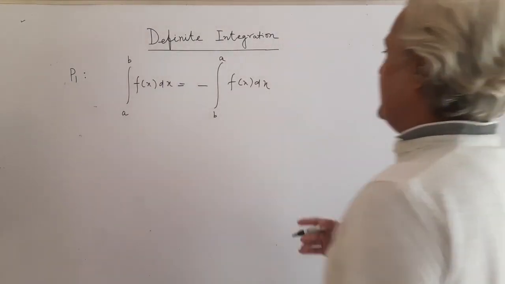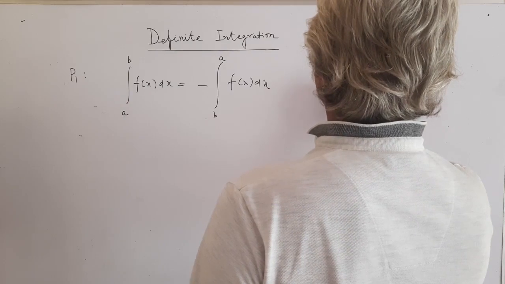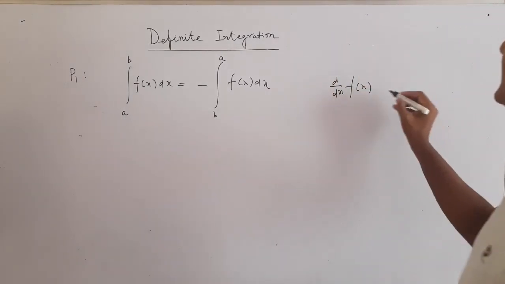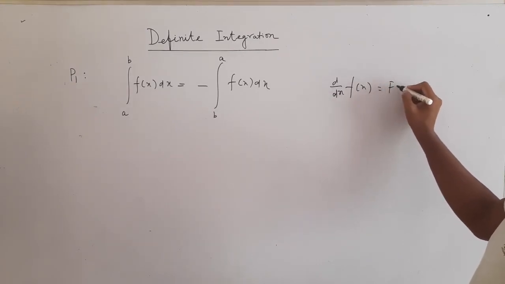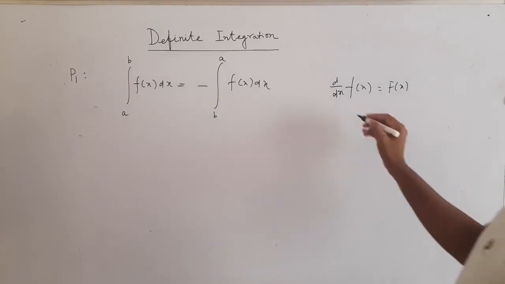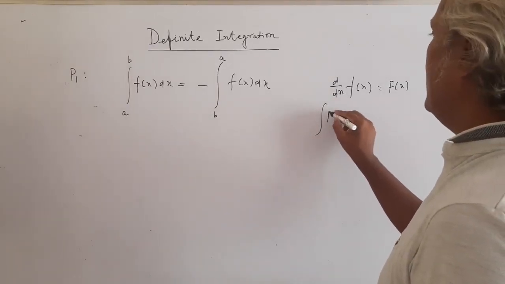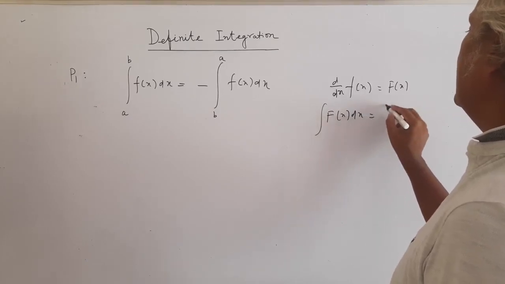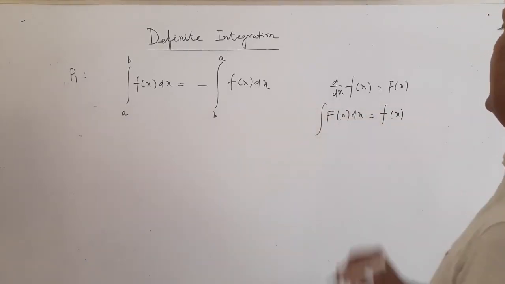How? Now suppose we have the relation d by dx of F(x) is f(x), it means F(x) is the antiderivative of f(x). So we write the integration of f(x) dx as F(x).